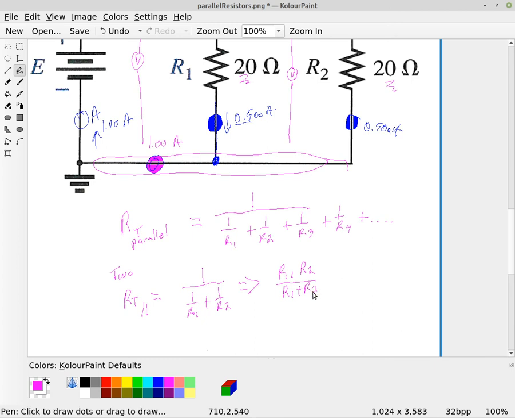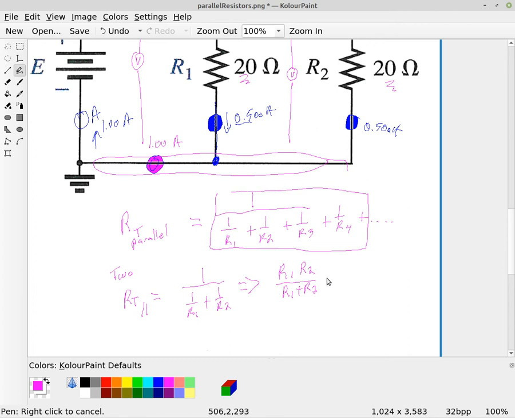Okay, so this is a simplified version of this. This is the true equation. This works for any number of parallel resistors, but this lower one works specifically if there's only 2 resistors.